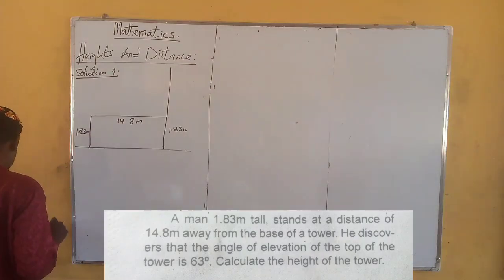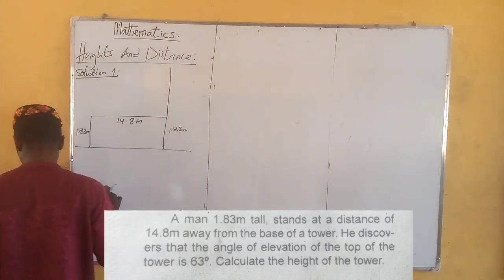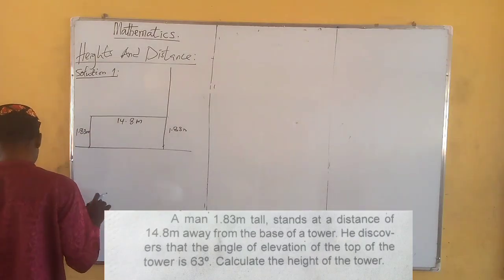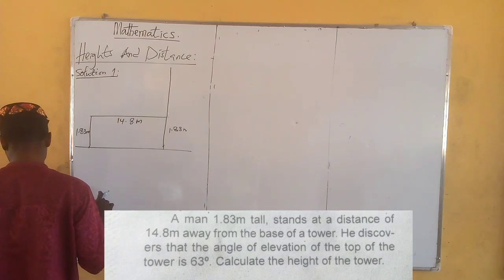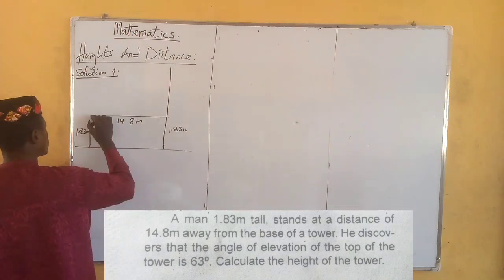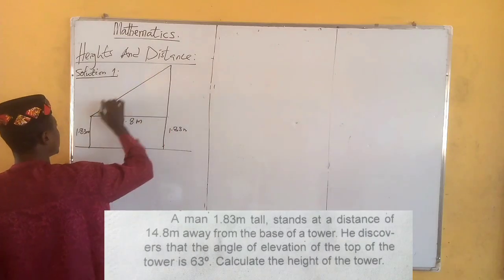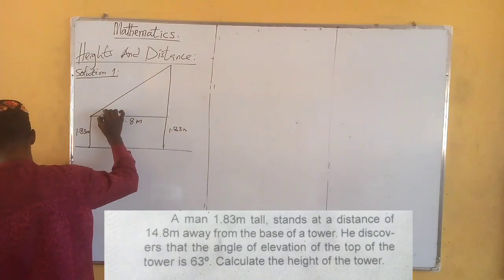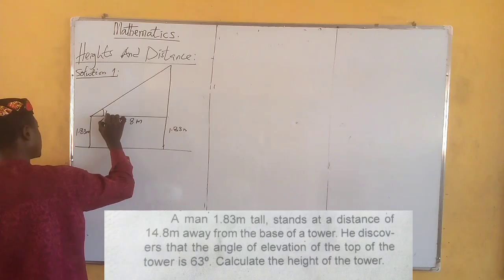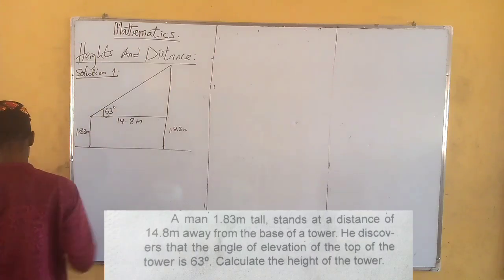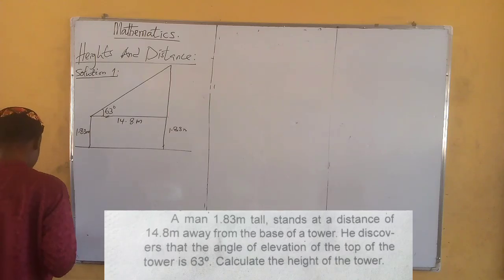The question says he discovered that the angle of elevation of the top of the tower is 63 degrees, as given there. Calculate the height of the tower.